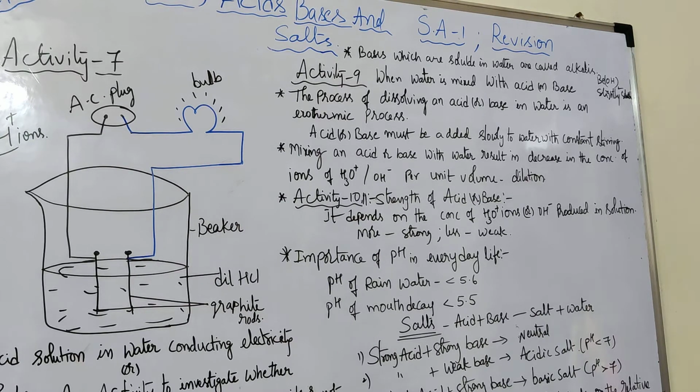So from this activity we came to know that acids produce ions only in the aqueous solution, because the wet litmus paper changes color, but the dry litmus paper shows no change in color. Why? Because the wet litmus paper contains water, and in the presence of water, dissociation takes place, which means the acid splits into ions. In the dry litmus paper there is no water, and in the absence of water, dissociation does not occur.